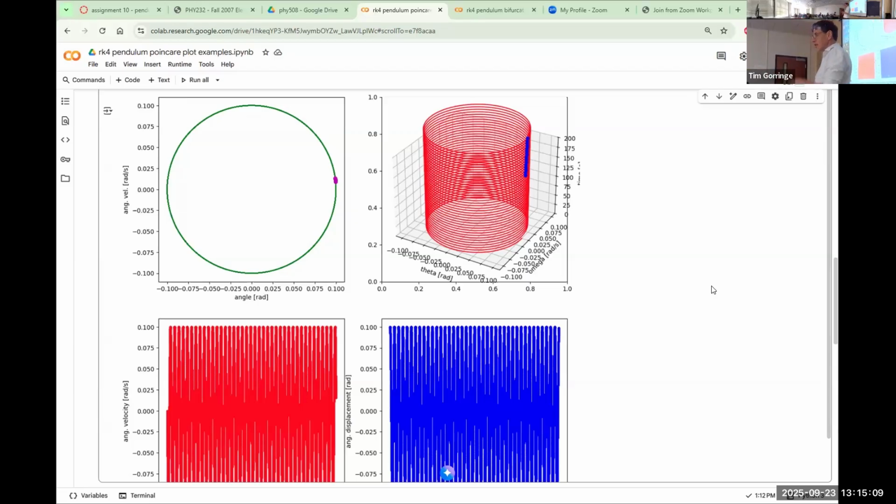And what we see is, for a simple pendulum, the Poincare section plot would just show a simple single point, because every time you look at the pendulum's coordinates with a period that's the natural period, you always see it at the same location in phase space, in theta and omega.